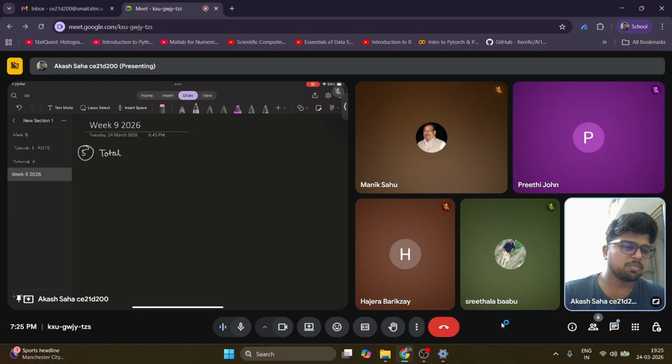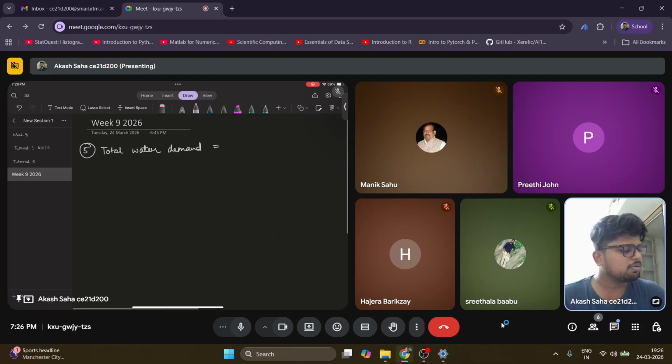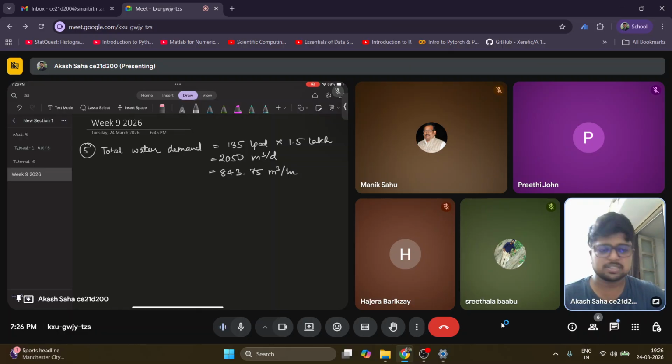But here is one catch which, like most of the times, you have to do. So I will tell you. So total water demand will be 135 LPCD into 1.5 lakh people, right? So it will be around 2050 meter cube per day, or you can also write it as 843.75 meter cube per hour. Okay, so this is total demand.